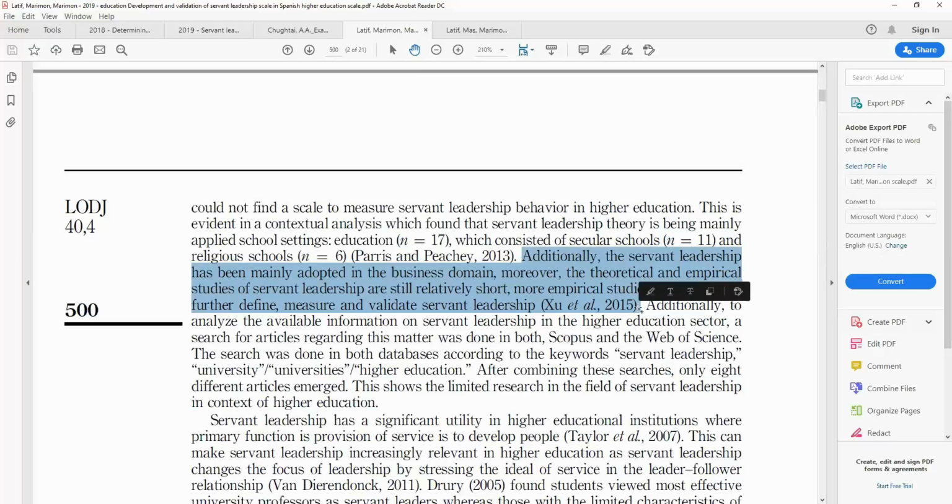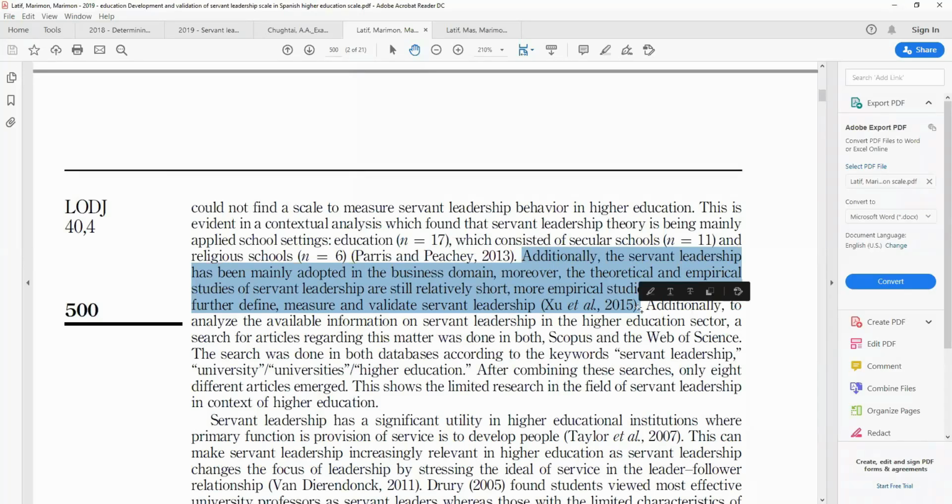When you search existing databases, you come across these papers. When you read through those papers, just as we identified from that Chughtai paper, the gaps in existing research or their recommendations for future research, use that information in your introduction.